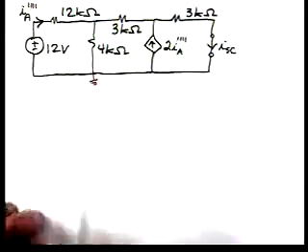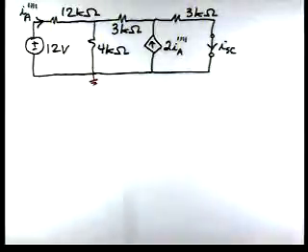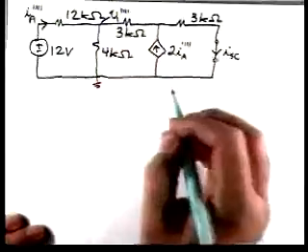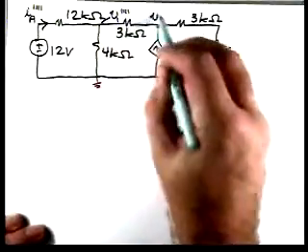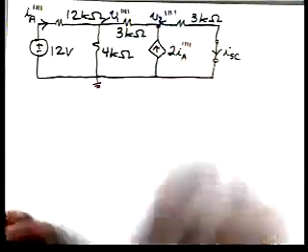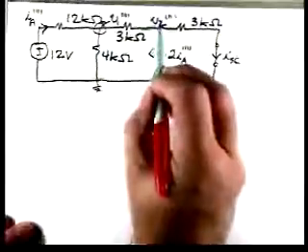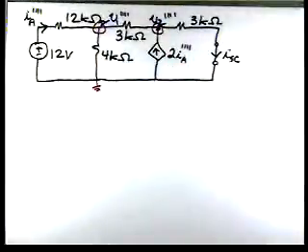Again, let's continue. Now we'll have V1 with 4 primes, and we'll have V2 with 4 primes. So now we're going to have 2 equations. We're going to do KCL at those 2.